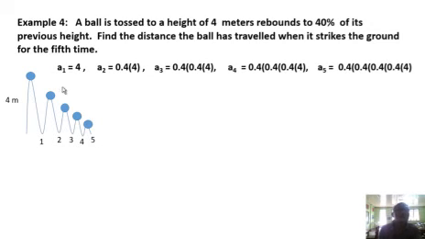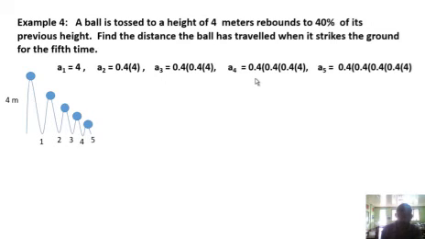Okay, so let us analyze the problem. The first term is, the height is 4. The next height is 0.4 of 4. And then preceding, the next height attained when it rebounds is 0.4 of the preceding one.